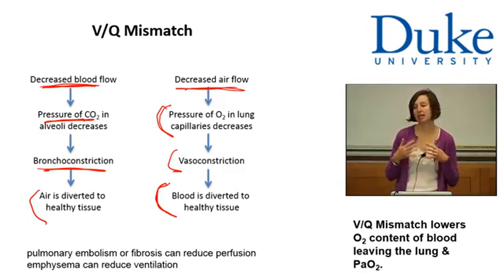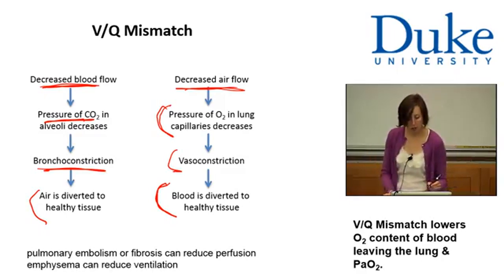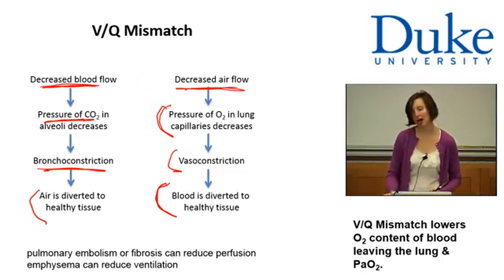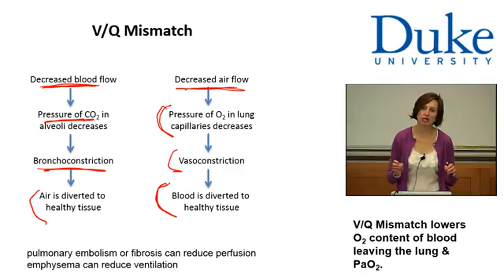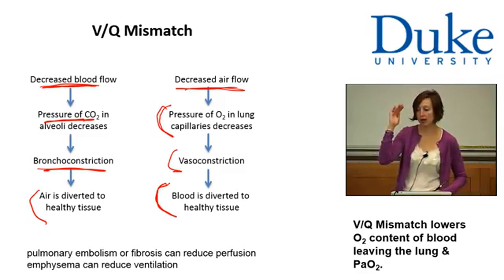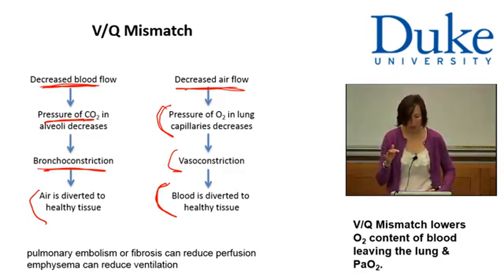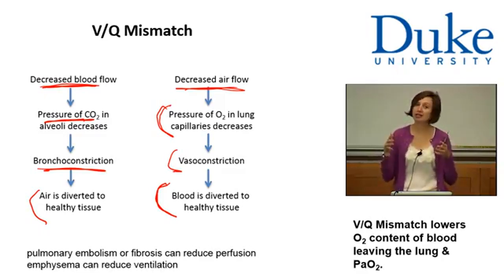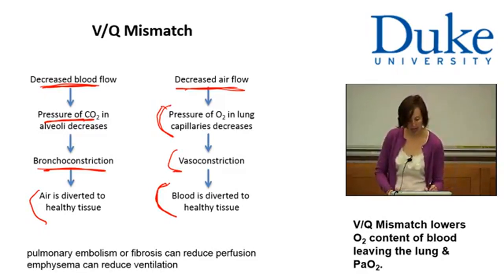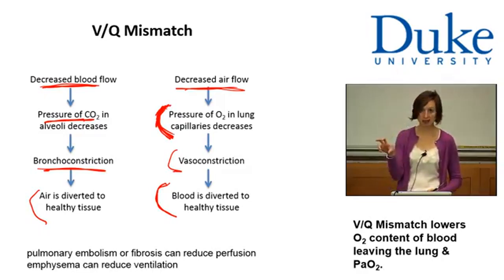This system can also be a problem for people when we have situations like really high altitude, where now we've got basically a very similar case of decreased airflow because the pressure of oxygen in the atmosphere is much lower. So the lung senses this because of a reduced pressure of oxygen in the capillaries.